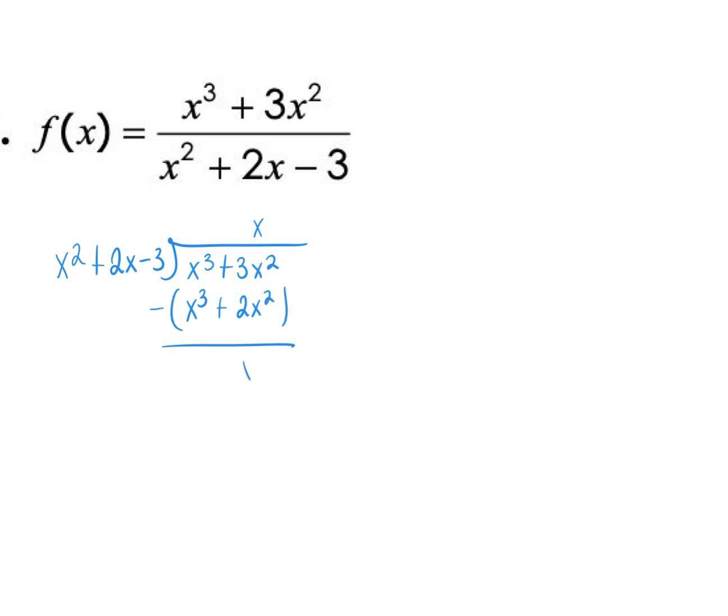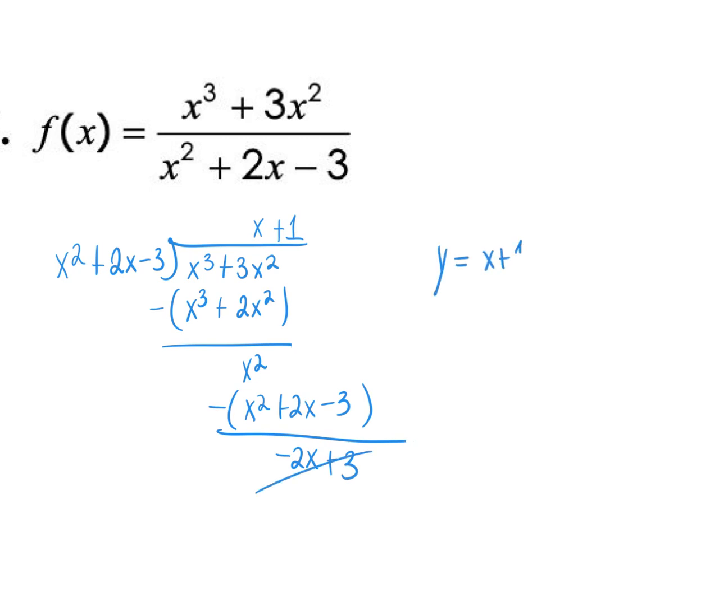Then we'll have x squared, and we can multiply by 1. So we'll have x squared plus 2x minus 3. We'll end up with -2x plus 3. So we'll ignore this, and our asymptote is y equals x plus 1.